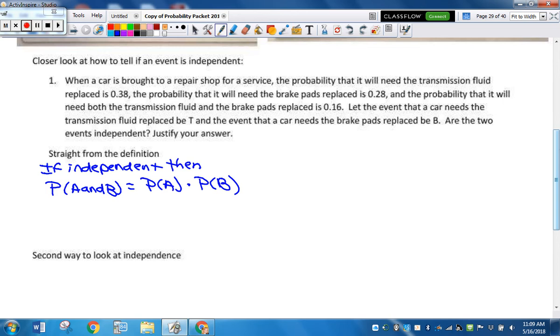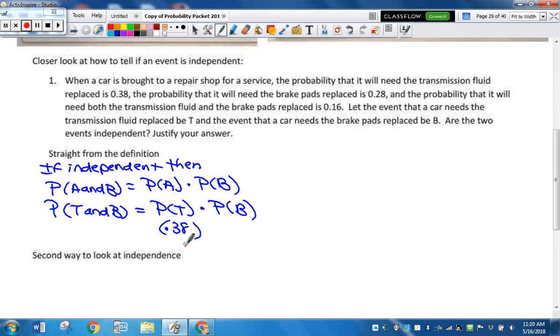All right, you want me to fill in letters for T and all that? I'll do it. Probability of transmission and brake would have to equal probability of transmission times probability of brake pads, if you want to use the letters they give us, correct? And the probability of you needing your transmission replaced is 0.38, given.